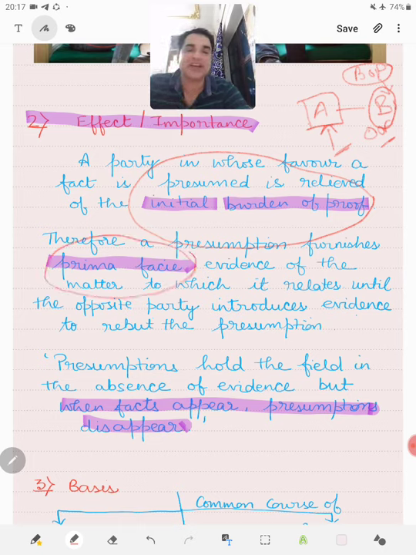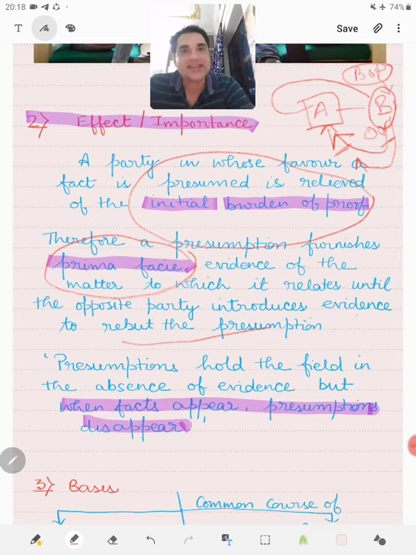But if the opposite party gives evidence to rebut the presumption, then the onus of proof may again come to party A. So the effect and importance of presumption is that it shifts the onus of proof to the other party.